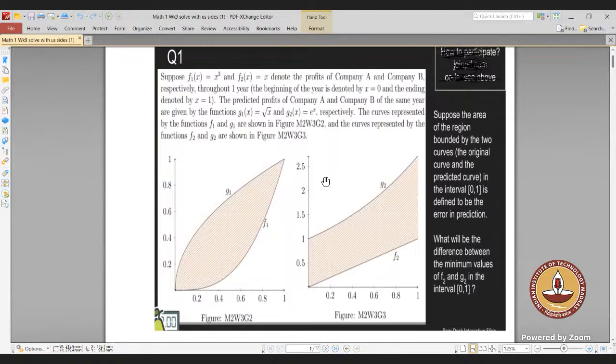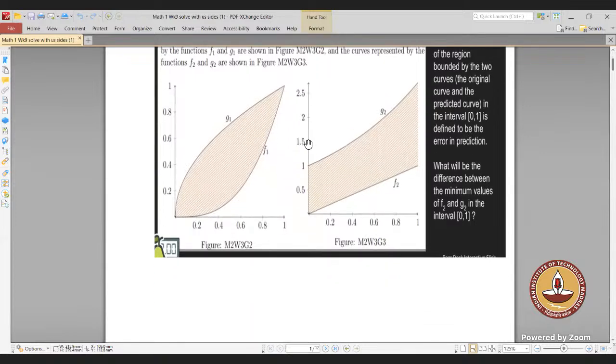Because the differentiation of x will become 1, and for e power x will become e power x only. So there is no way those tools can be applied here, right? Yes, kind of, yes. Okay, thank you, sir.